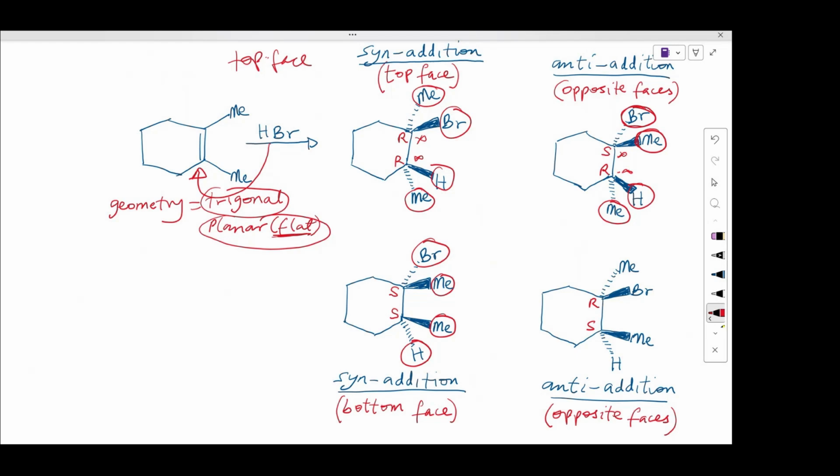And this will give us the syn-addition from the bottom face. For the anti-addition product, the hydrogen and the bromine will be on opposite stereochemistries. And so notice that we have four different products. We have the RR, the SR, the SS, and the RS absolute configurations. You would have 4 stereoisomeric products.